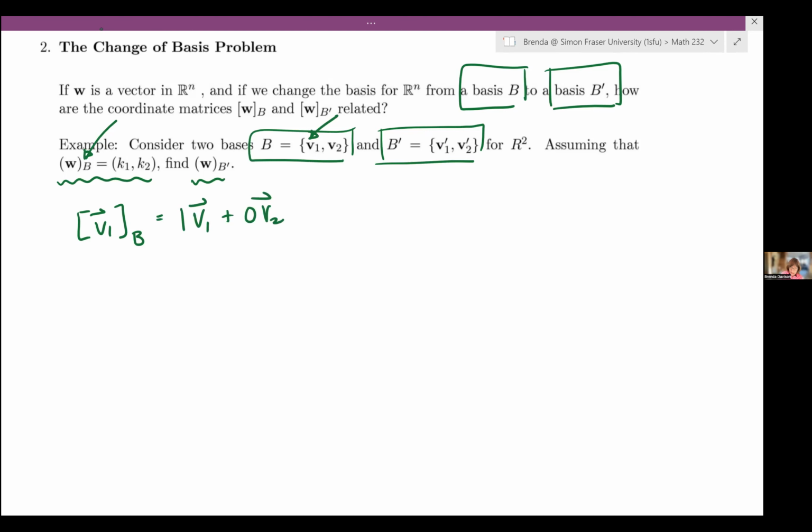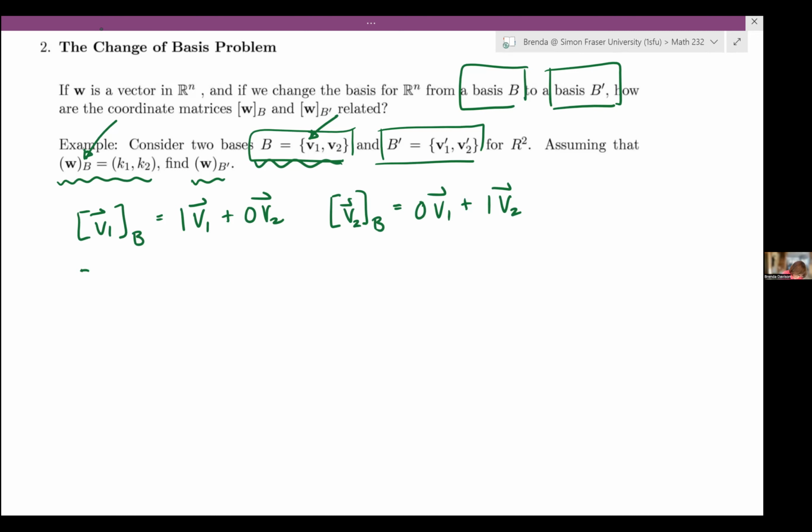That is basically saying V1 equals V1. Similarly, the vector V2 relative to its own basis is no amount of V1 plus the full amount of V2.